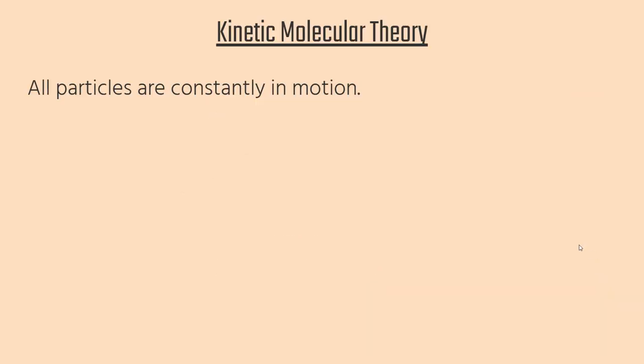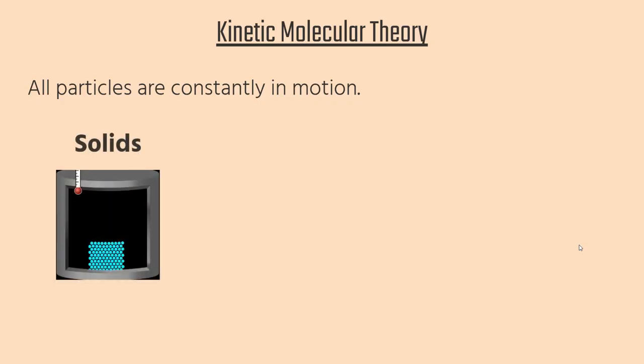So first, kinetic molecular theory is the idea that all particles in any substance, whether it's atoms or molecules, are constantly in motion. So for instance, if I look at a solid material and I could zoom in on those atoms or molecules in the solid, I would see that they are all essentially vibrating in place.